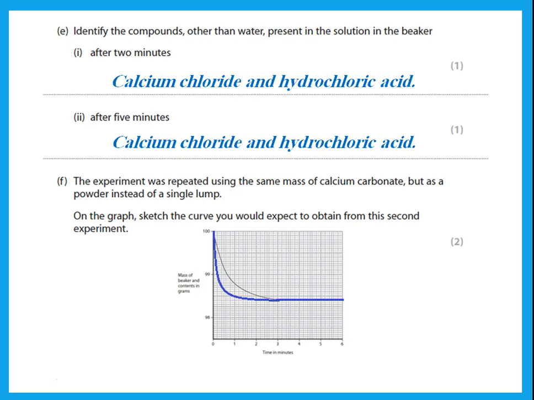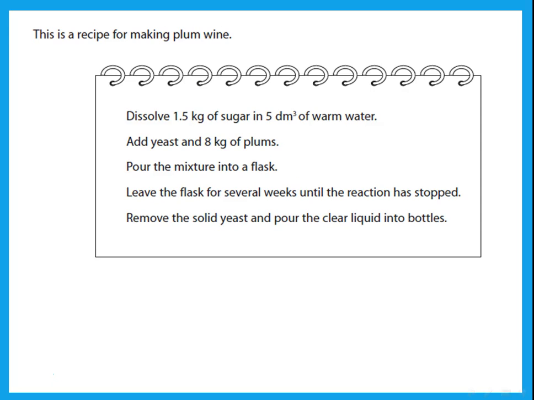So you go down faster, but you should end up with the same final mass of the beaker. Do you understand that? It's just that it is a little earlier. So instead of the reaction finishing at 3.3, as we said, now it's finishing at something like 1.5, for example. Okay? So that is your graph for the faster reaction.